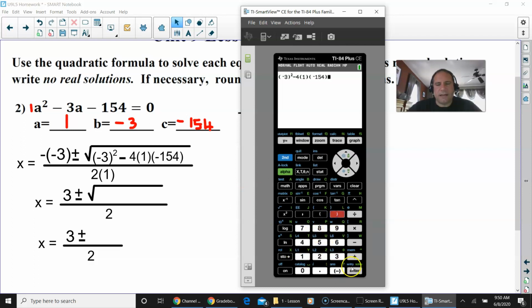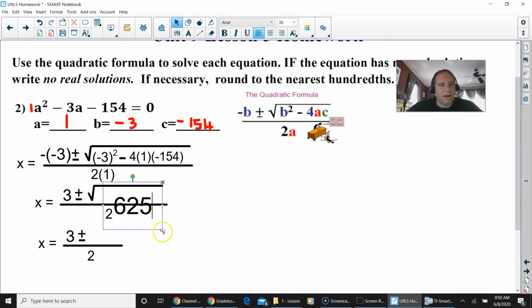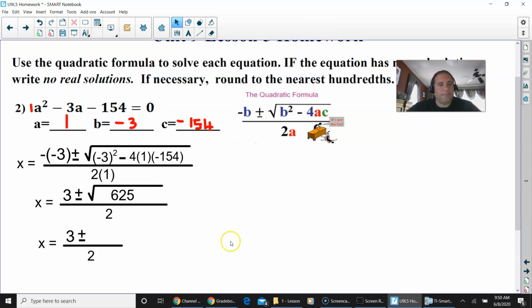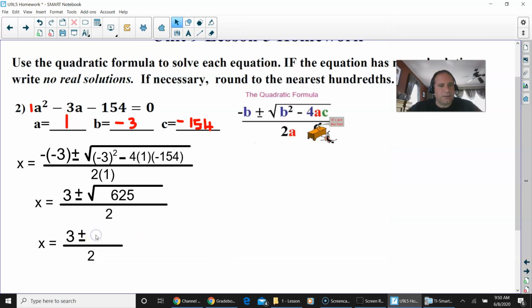And let's see what that comes out to be. That is 625. And I know that that is a perfect square. And just to make sure it's a perfect square, the square root of 625 should be 25. And it is.